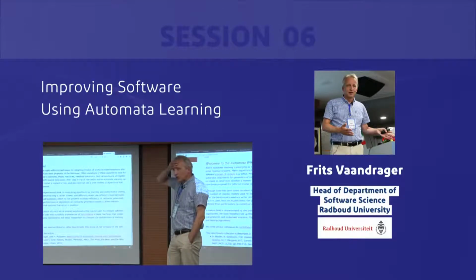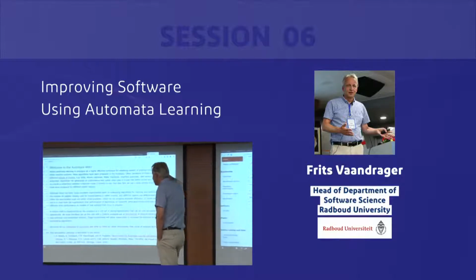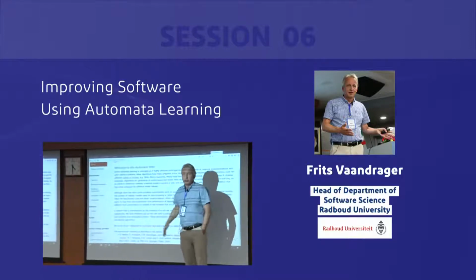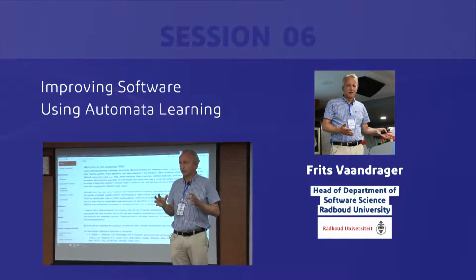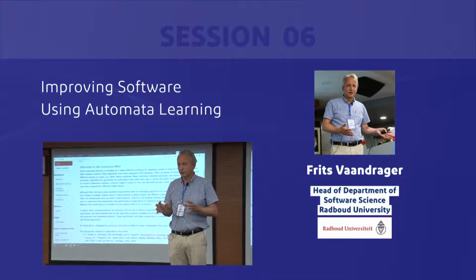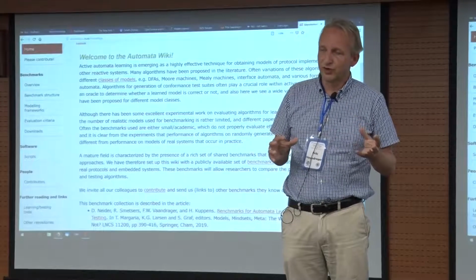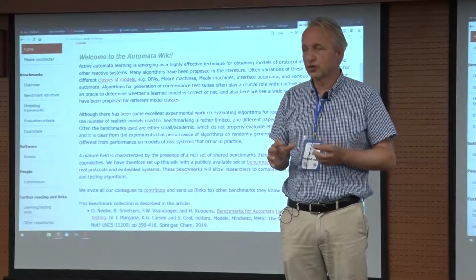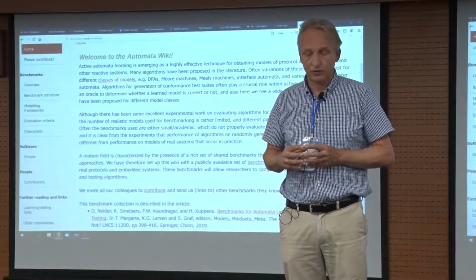So first I would like to advertise a bit some work we did in Nijmegen, we call Automata Wiki. I think for every mature field it is important to have a good collection of benchmarks. And my experience is that for a long time there was not such a good collection for both model-based testing of finite state machines and for the automata learning approaches.